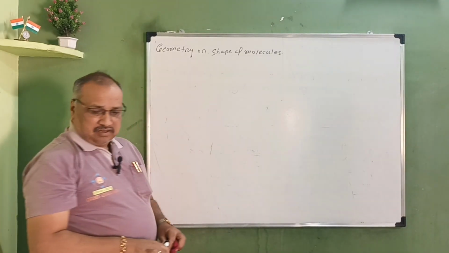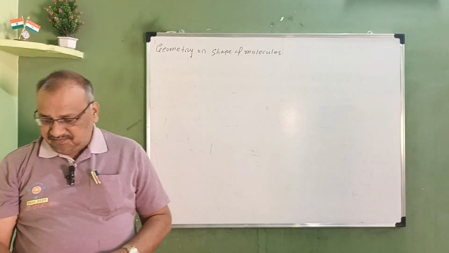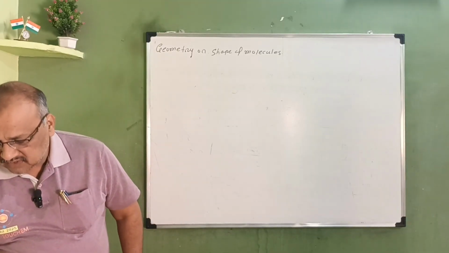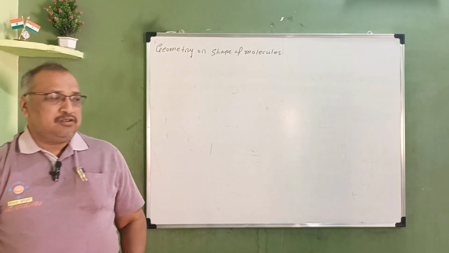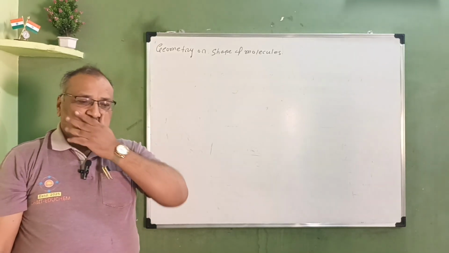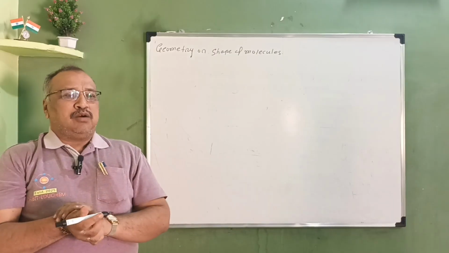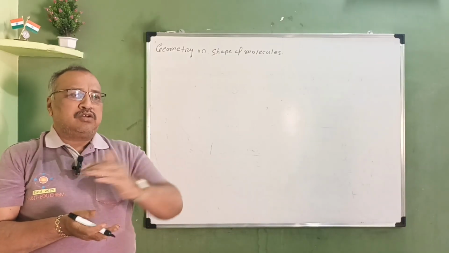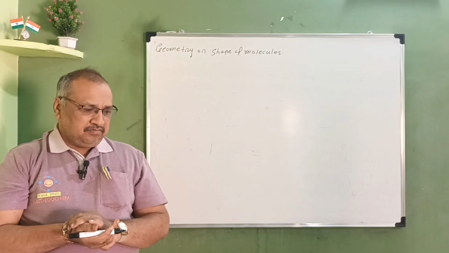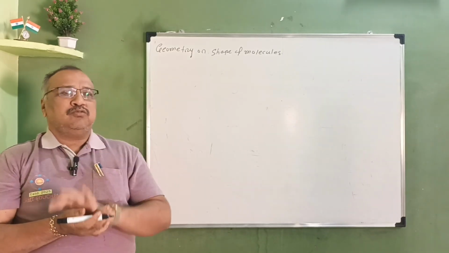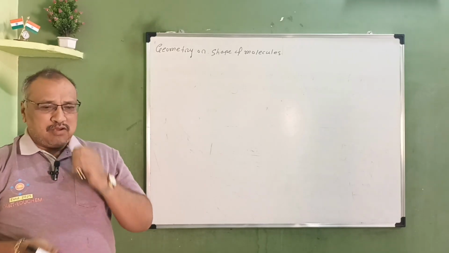Now first we'll discuss the definition of geometry or shape of molecule. A molecule consists of two or more atoms, except noble gases, they are monoatomic.